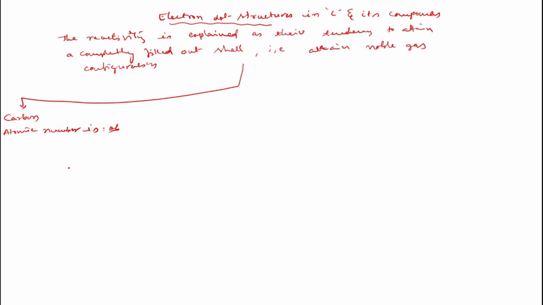The electron distribution in the shells is K and L: K is 2 and L is 4. So this is the outermost shell, the outer shell. These electrons are responsible for the bond formation with other atoms.